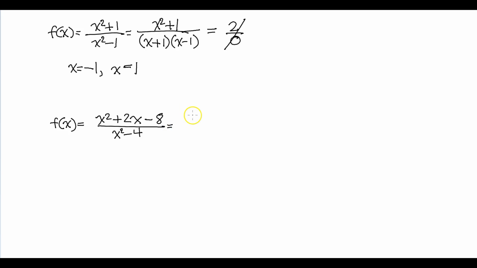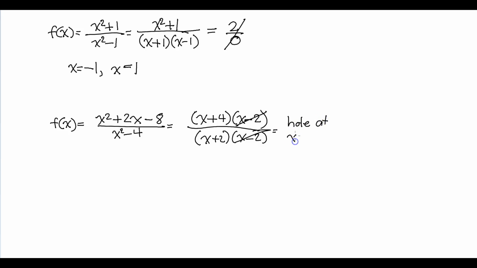In fact, we can factor the top as well: x plus 4 times x minus 2 over, and the bottom is just a difference of squares, x plus 2 times x minus 2. Now these two cancel. That means it's not defined at 2, but there's a hole at x equals 2. So it's not a vertical asymptote. You could check it in the original function, and that'll get you 0 over 0, which does not mean there's a vertical asymptote.